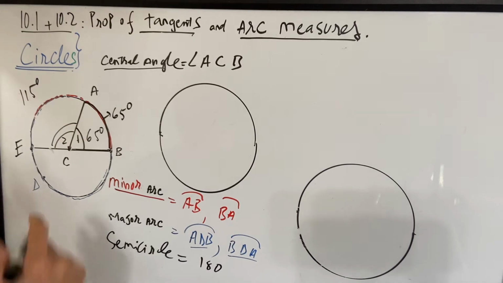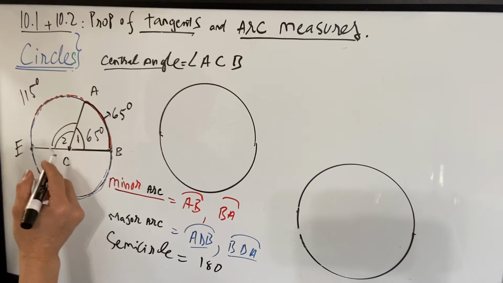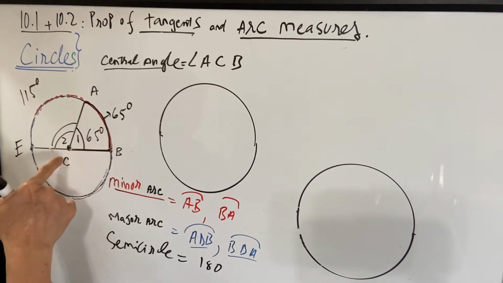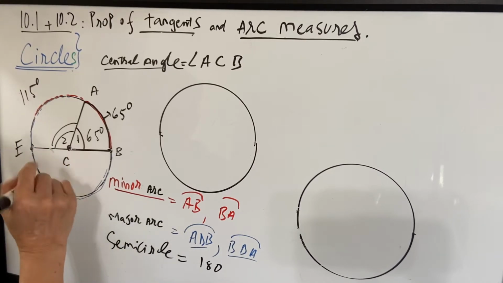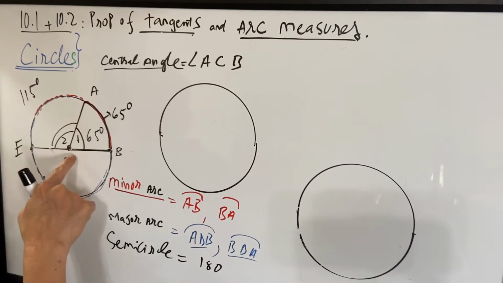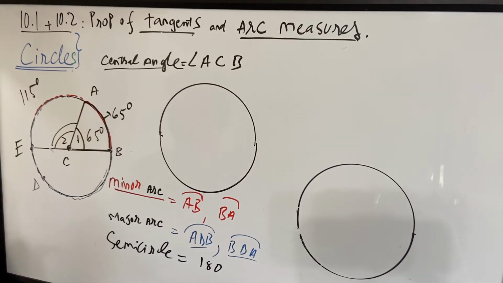So you see that the central angle has the same measurement as its intercepted arc. This only happens for a central angle. I emphasize, a central angle with the vertex at the center of the circle has the same degree as its intercepted arc. Just a little heads up for you guys.